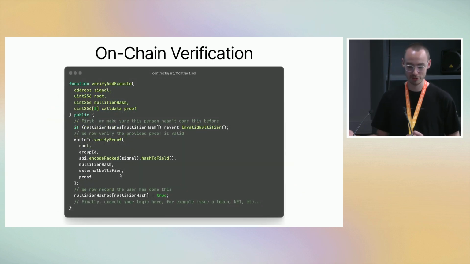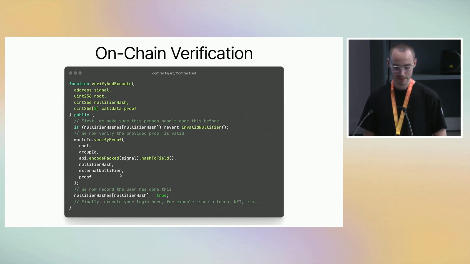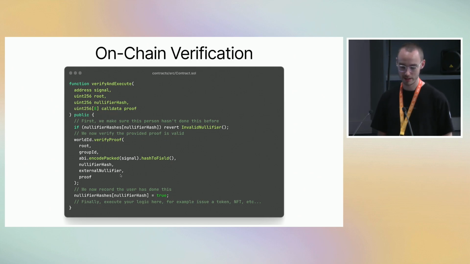And then the function to verify and execute something here is left undefined. It takes in the signal, the root of the Merkle tree, the nullifier hash, and the proof object itself, a very long hexadecimal string that's really just used for all the math. The first thing we do is check a mapping that we defined earlier, which should have been in the slide for the constructor.